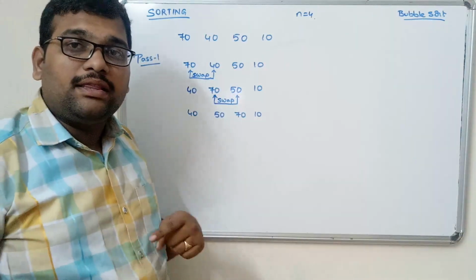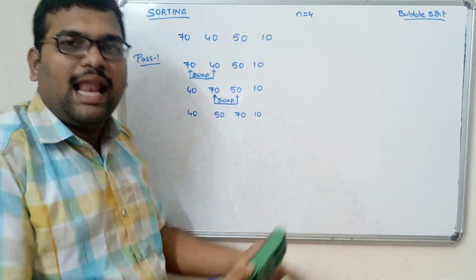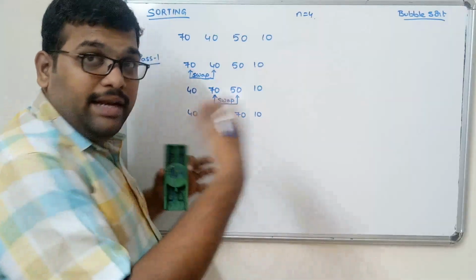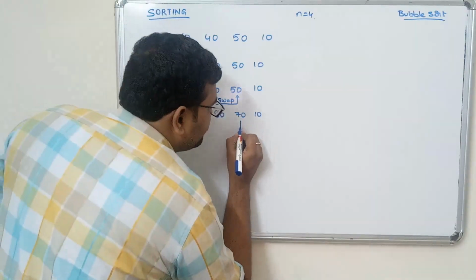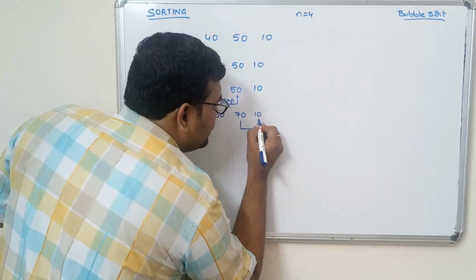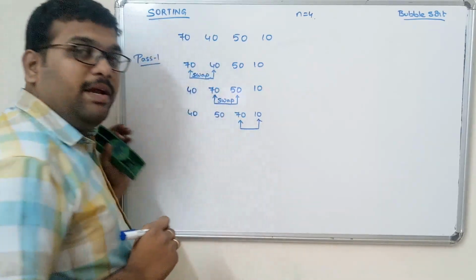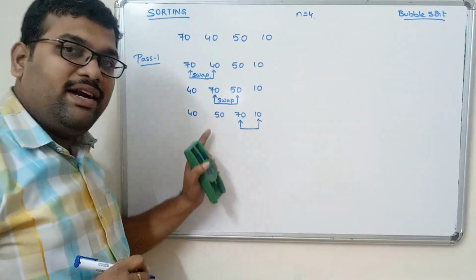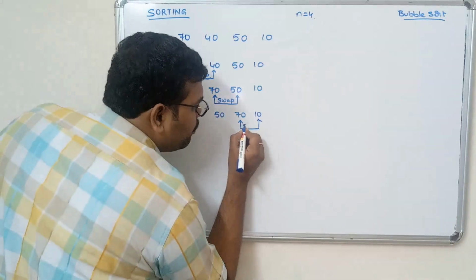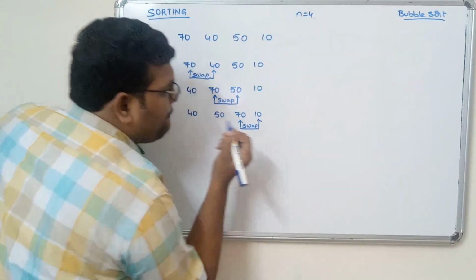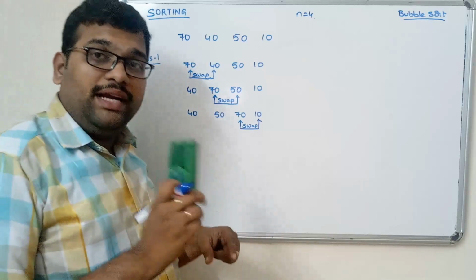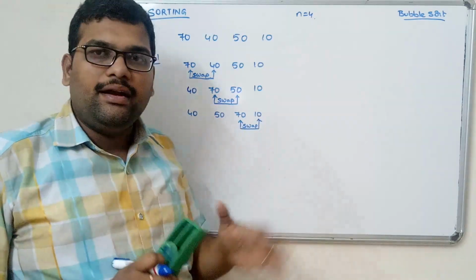Again, now compare the third element with the next immediate element. So now 70 and 10 will be compared. Here also 70 is greater than 10, so we have to perform the swap operation. That means we have to interchange 70 and 10.